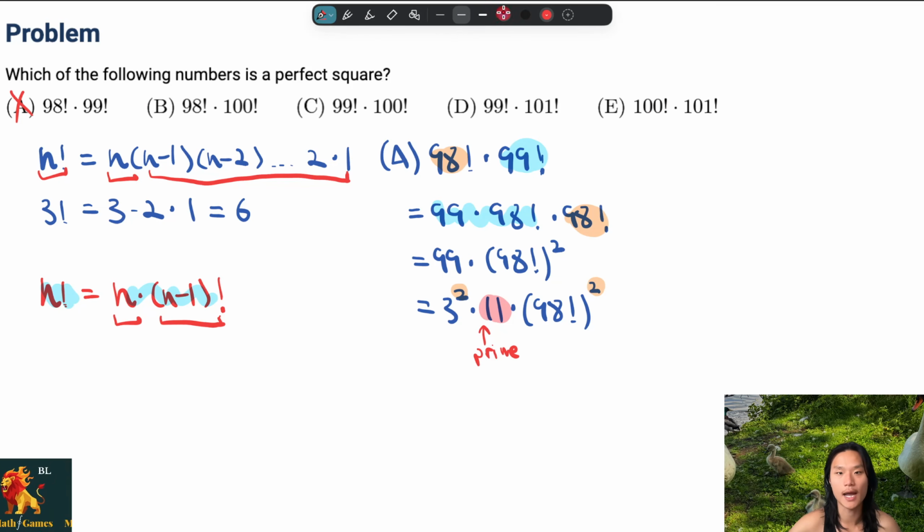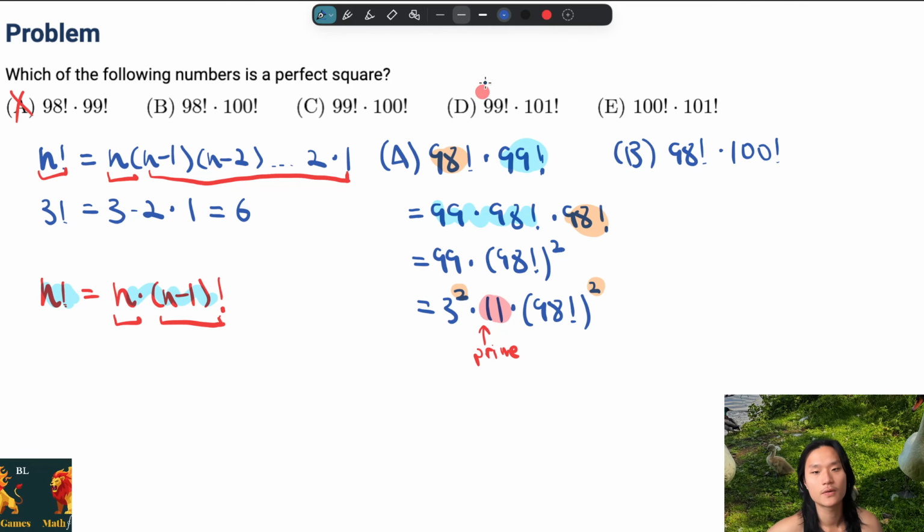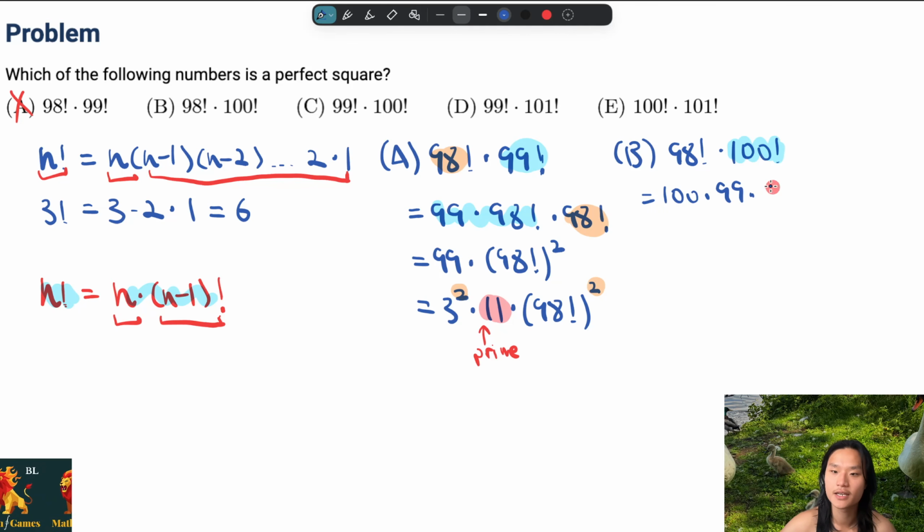Now let's try option B. So option B, we have 98 factorial multiplied by 100 factorial. Once again, we are going to break down the bigger number first. So 100 factorial, we can write it as 100 times 99 and then times 98 factorial.